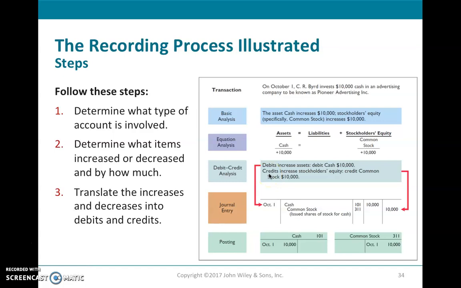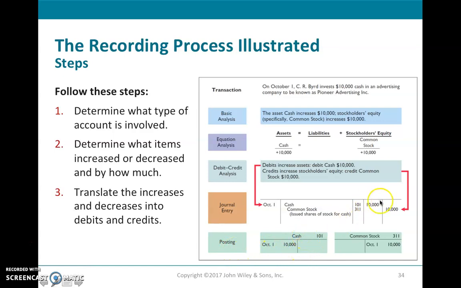As I mentioned in the previous lecture, the name of the account that is debited is always written first in that entry, and the name of the account that is credited should be indented. And eventually, after the journal entry, we need to post, meaning transfer the data to the respective accounts in the general ledger.